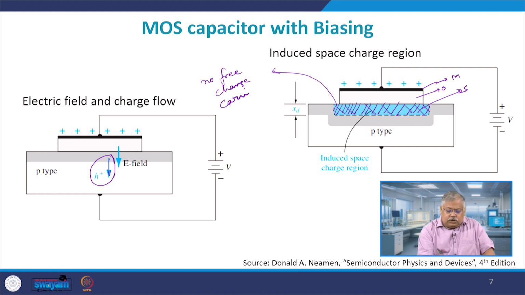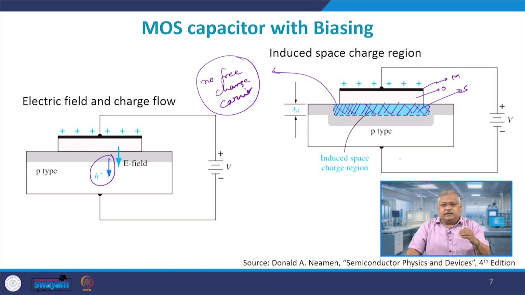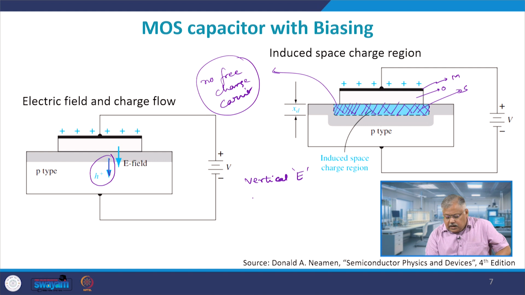You have pushed the holes away from the silicon dioxide interface, and since you have not applied any bias on the drain and source, in fact there is no discussion on source and drain, there is no horizontal electric field. There is only a vertical electric field.